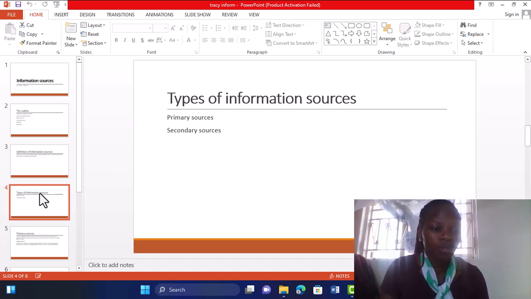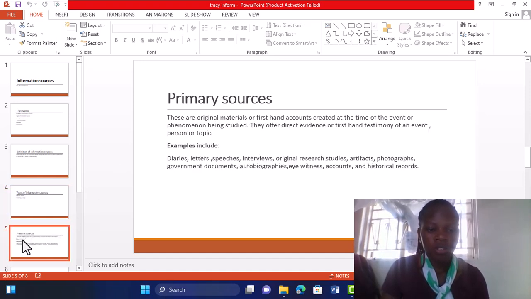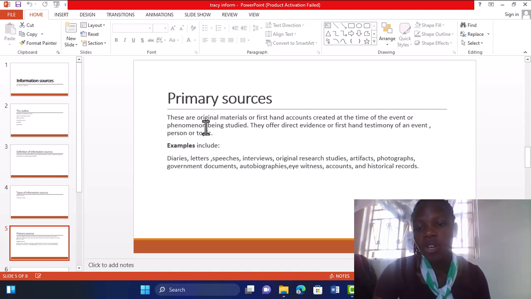So for primary sources, in our fifth slide, it says that these are original materials or first-hand accounts created at the time of the event or phenomenon being studied. They offer direct evidence or first-hand testimony of an event, person, or topic.